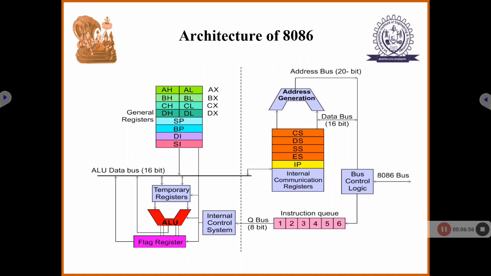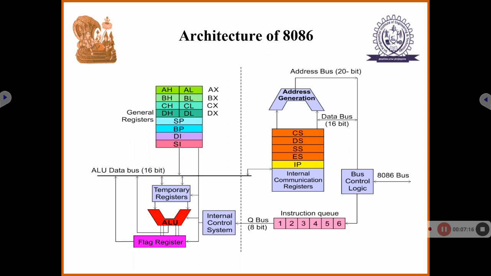Your address bus is 20-bit, as we mentioned in the block diagram. For the conversion from a 16-bit address into the 20-bit physical address, we need these pointers and index registers.